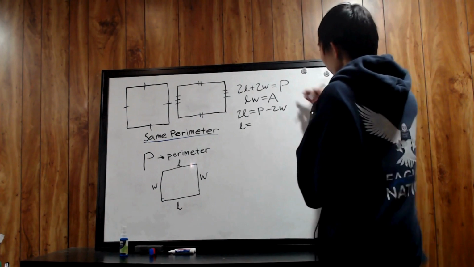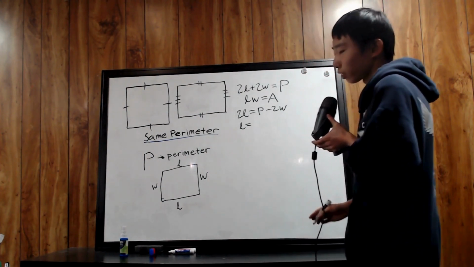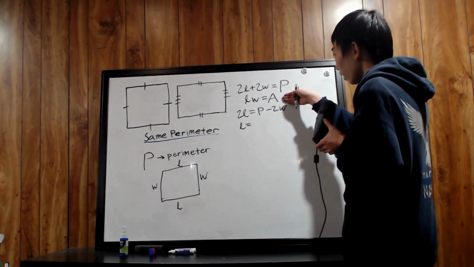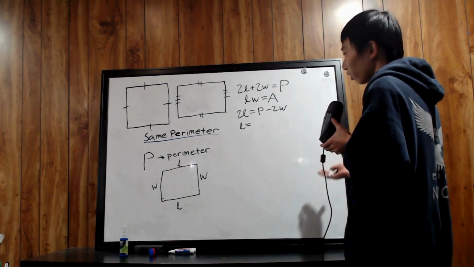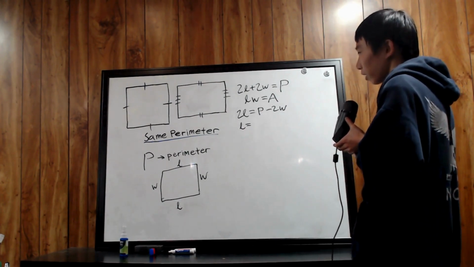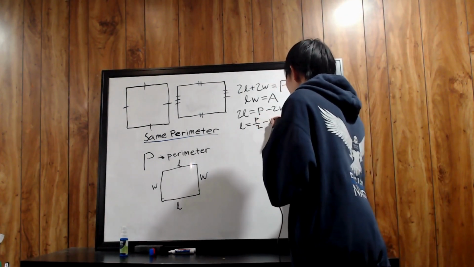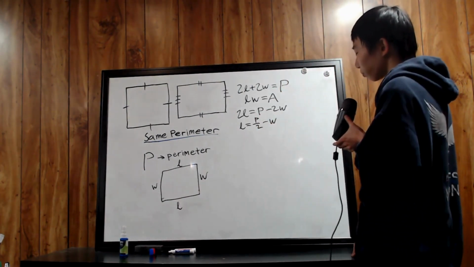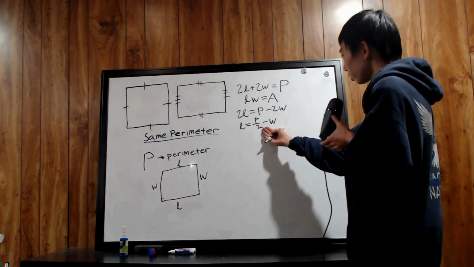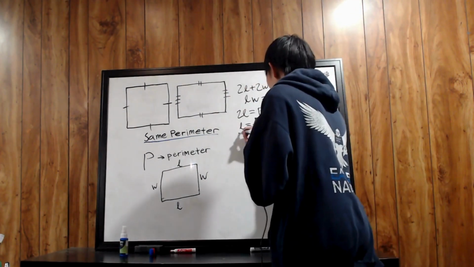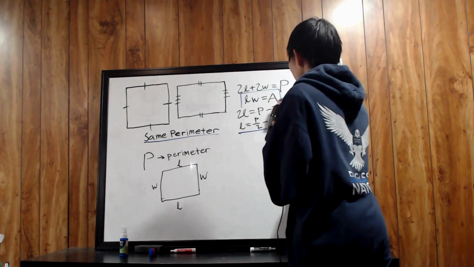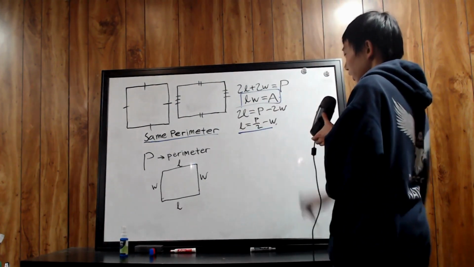Just a note, the perimeter is fixed. We know what the perimeter is. We just need to find the maximum area, and also the dimensions that will give the maximum area. So anyways, we have P over 2 minus W after dividing both sides by 2. Now let's substitute this into the area.